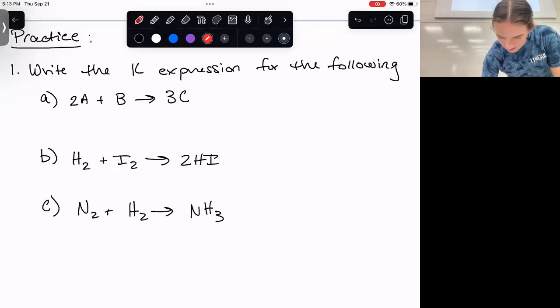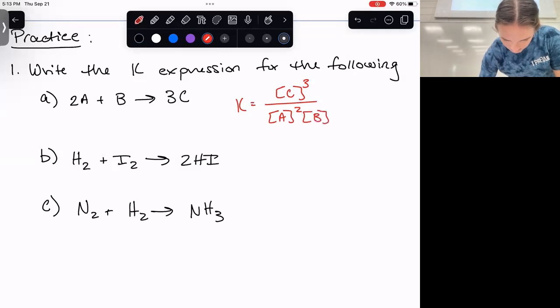K is equal to the concentration of C to the third power over the concentration of A squared times the concentration of B squared. It'll just be B, but yes. Okay, awesome.